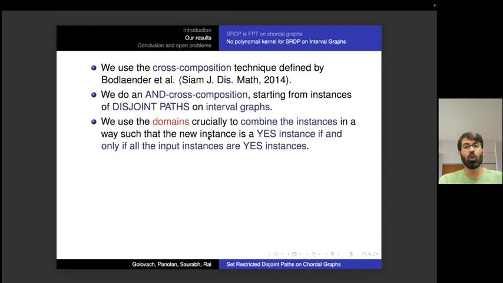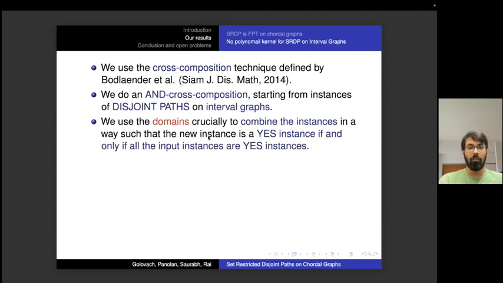And here we use the domain property of set restricted disjoint paths very crucially. So we restrict the domains of the paths in such a way that the one long path that we get in the new instance of set restricted disjoint paths implies that all the input instances of disjoint paths were yes instances.